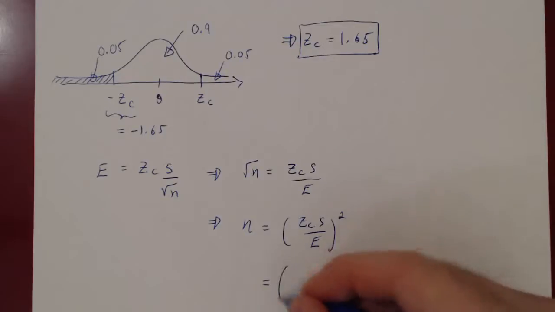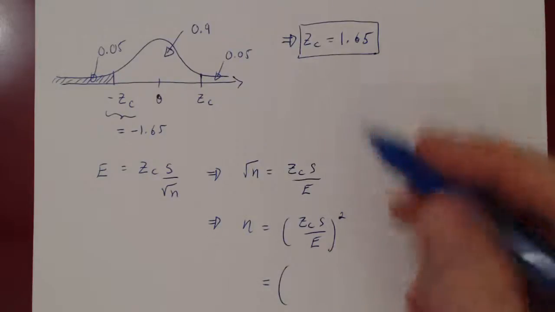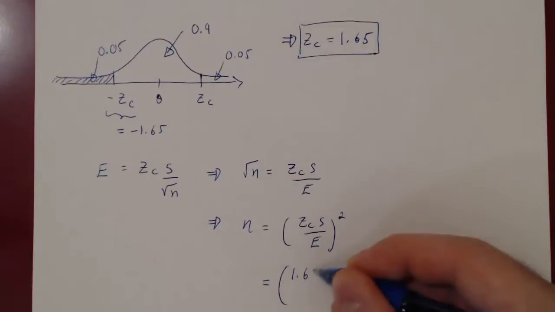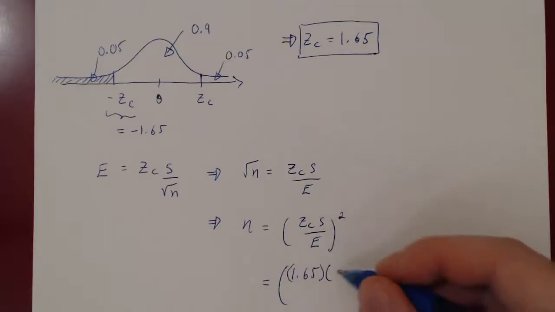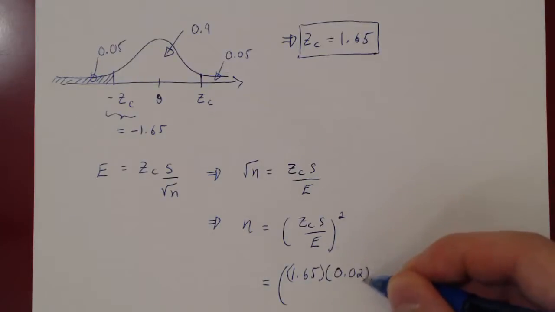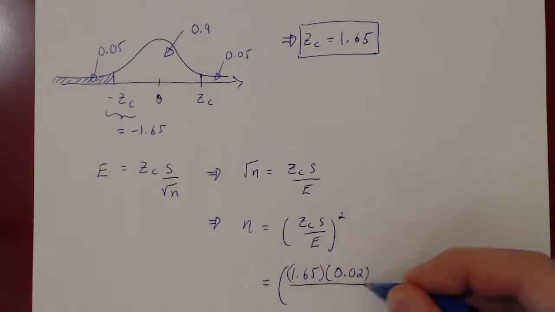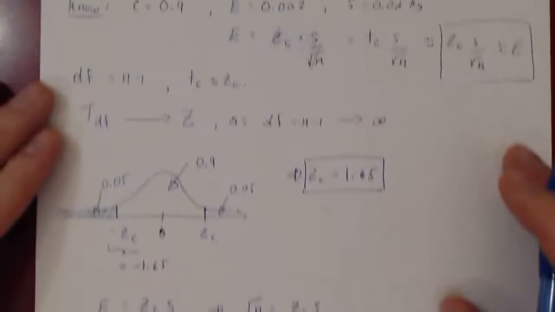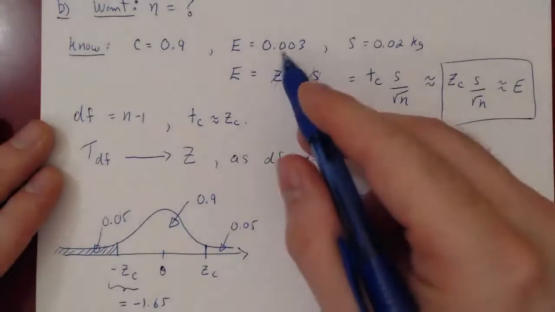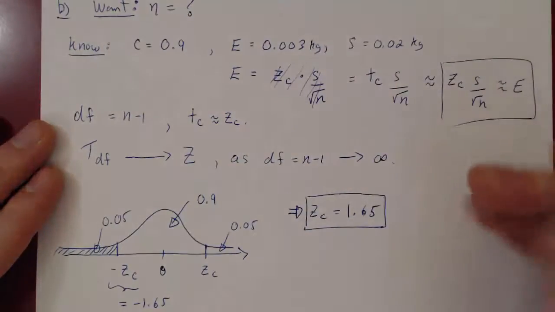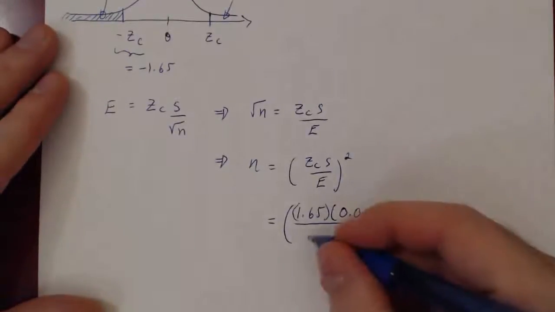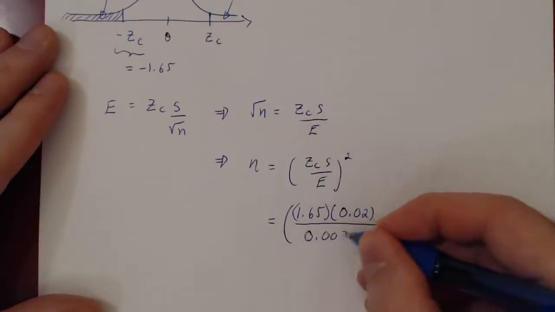The z-score we found to be 1.65 times the standard deviation of our sample that we found to be 0.02 over the error, and we wanted an error, remember, of 0.003, and this was in kilograms. So 0.003, and we're squaring this.